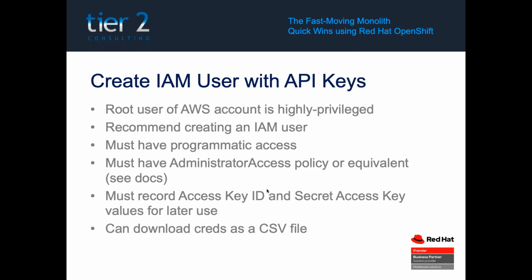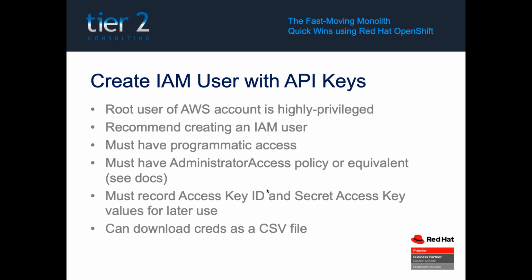First step here is creating a user with the appropriate API keys. Some of you may know that when you've got an AWS account, you have a root account. This is highly privileged, and it's the sort of thing that really you'd only use for things like your billing information and so on. It's the most privileged AWS user.